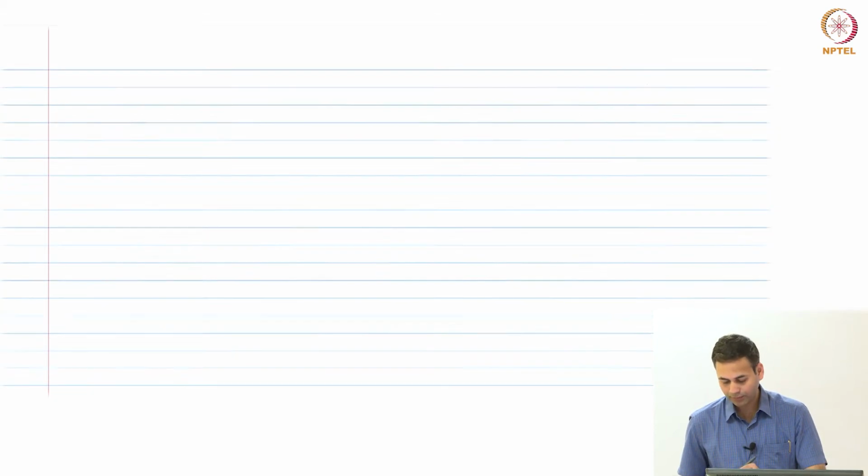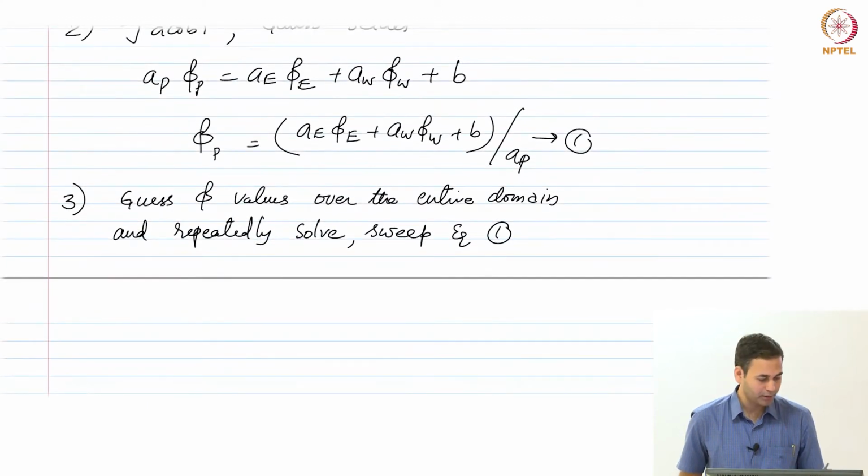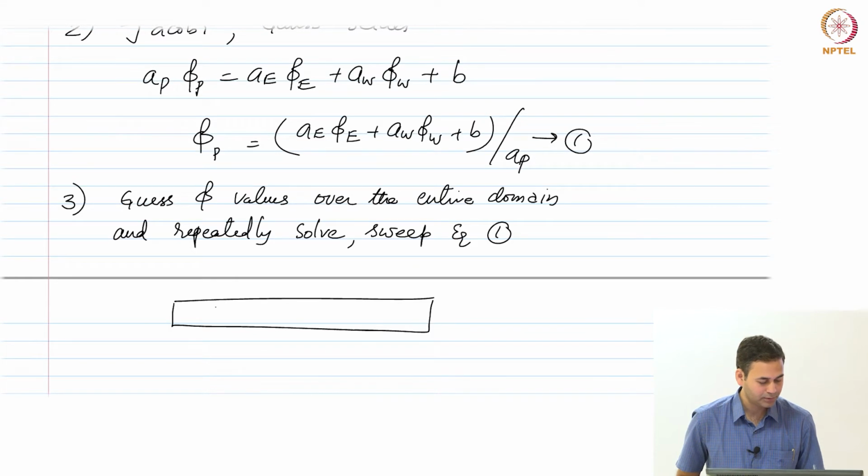So, how does it work? Essentially we have several cells. These are the cell centroids. We apply for the first point, phi P equals phi 1, if we call them 1, 2, 3, 4, 5, 6.